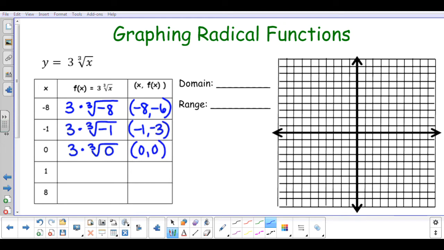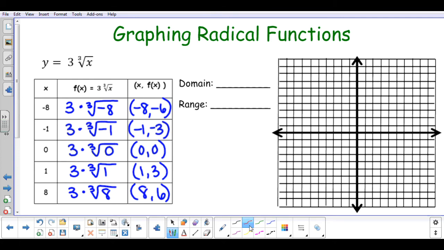I'm going to plug in 1 and 8 for my remaining 2 points. So my last 2 points are (1, 3) and (8, 6).